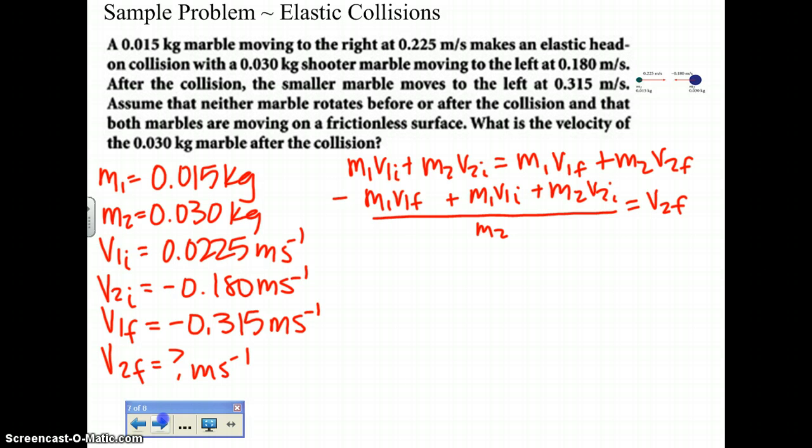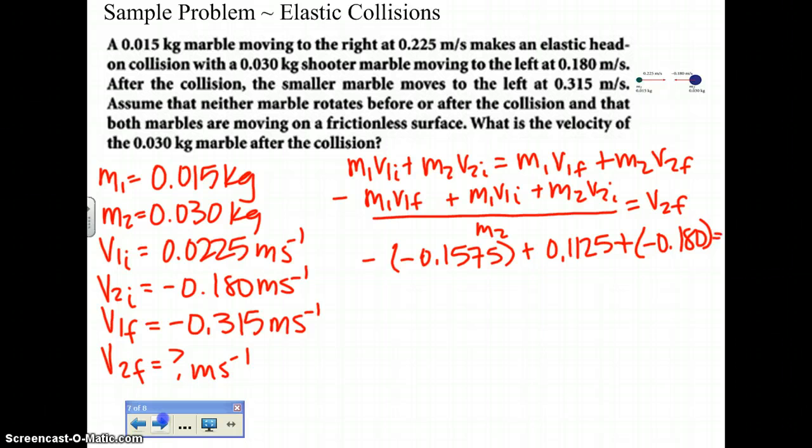Okay, so this first entity here, you should have a negative 0.1575. Wow, Miss Arter. Negative 0.1575 plus 0.1125 plus a negative 0.180. Putting that into your calculator, you should get a final answer of 0.09.